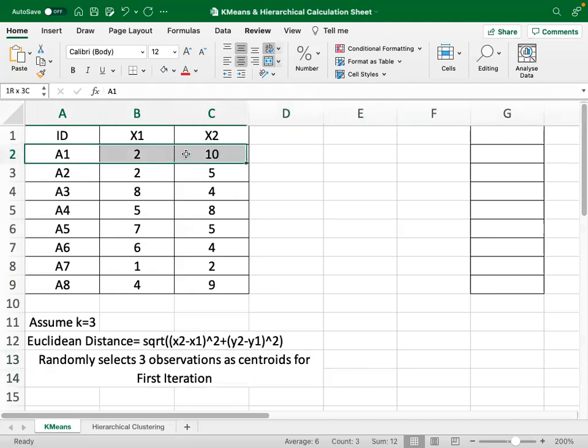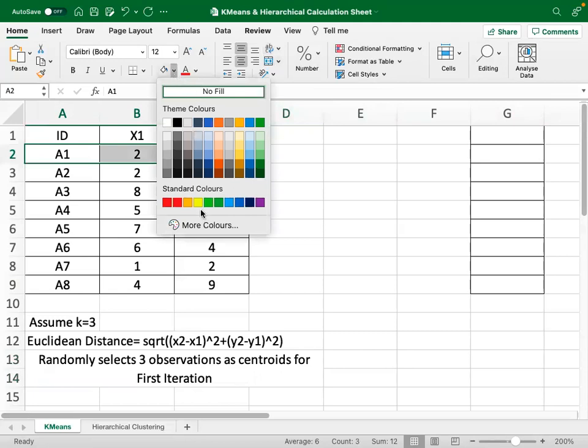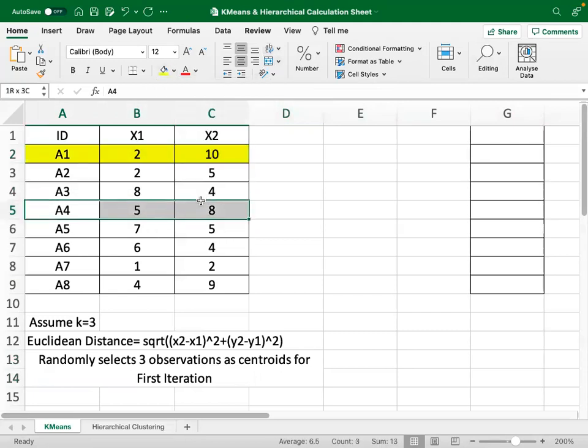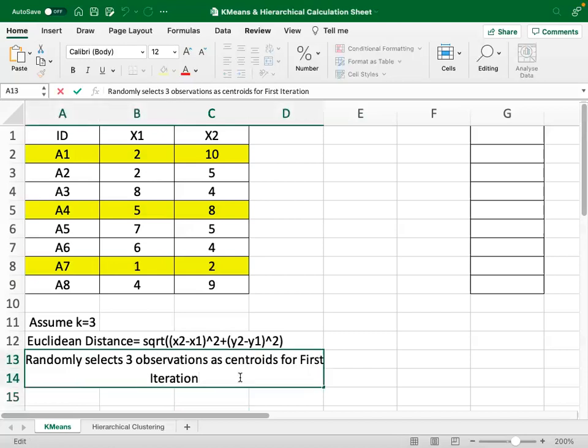So I will select these 3: 2, 10, then 5, 8, and then 1, 2.